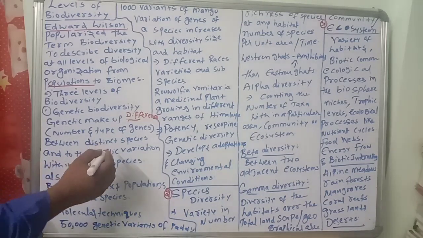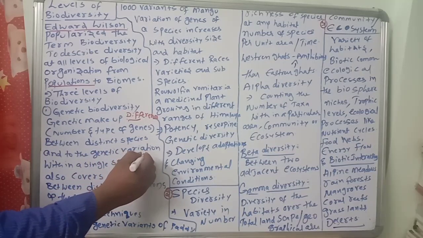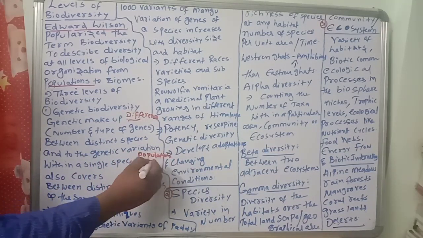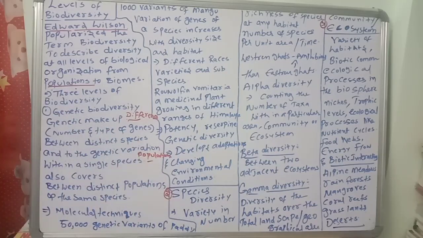This is important. Genetic diversity can be measured between distinct populations of a single species by using which technique? Molecular techniques.